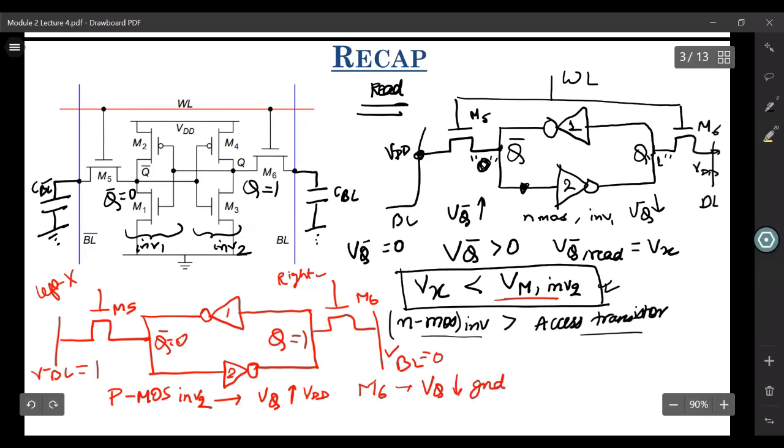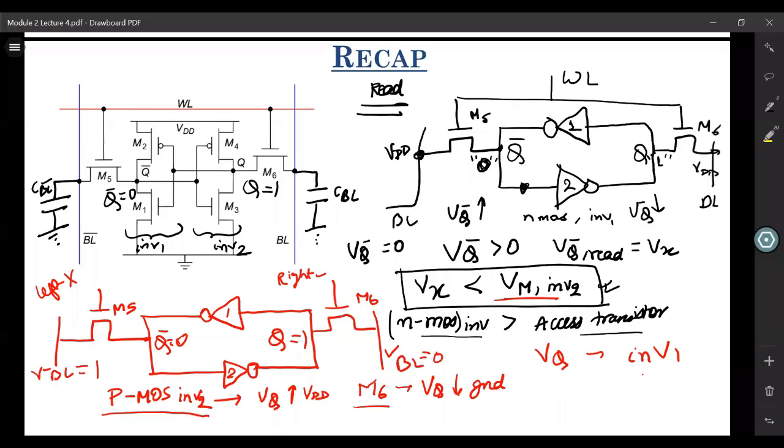So here also there is a tug of war between the PMOS of inverter 2 and the access transistor M6. Whoever's pulling strength is larger will pull the potential at this VQ towards ground or towards VDD. Now in order to flip the content of this bit cell, this VQ is the input to inverter 1, and you want the output of inverter 1 to flip from 0 to 1.